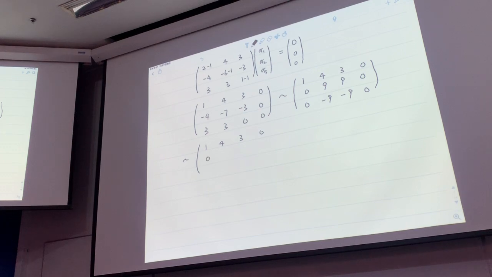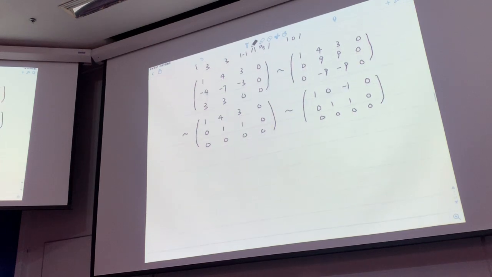So it's obviously 1, 1, 0, 0, 0, 0, 0; 1, 0, -1, 0; 0, 1, 1, 0, 0, 0, 0, 0, right? So it's very easy to get the equations x1 minus x3 equal to 0, x2 plus x3 equal to 0.